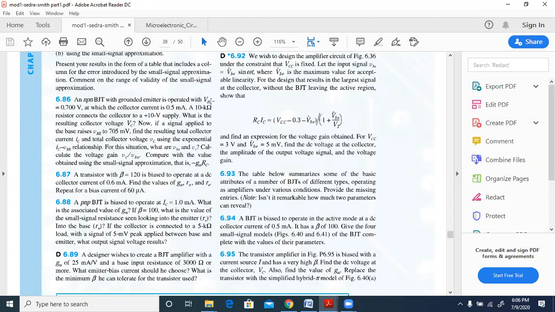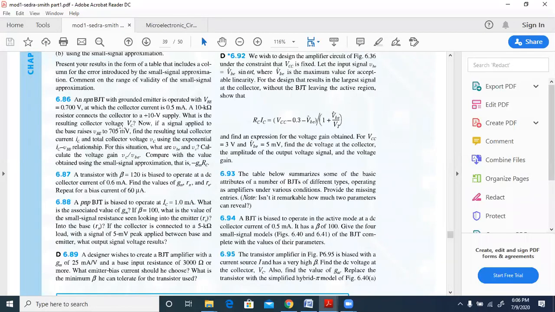Capital VBE is 0.7 volts, that is 700 millivolts. The small v with capital V is the total voltage, which is 705. This minus this will give us the AC voltage, that is the signal amplitude vi.